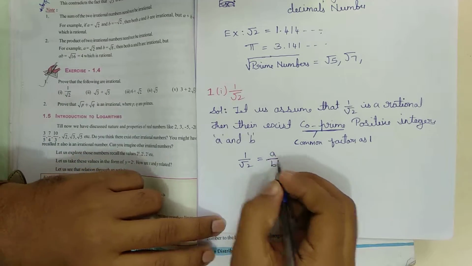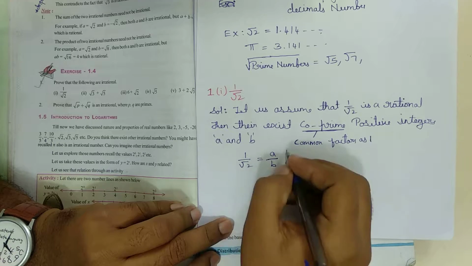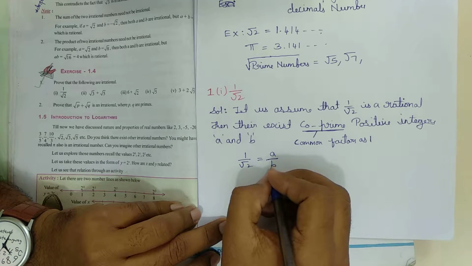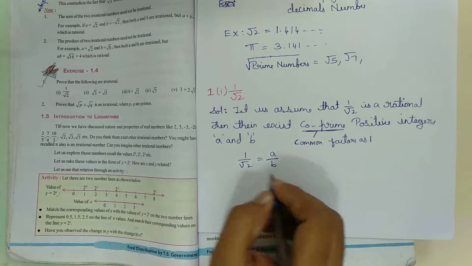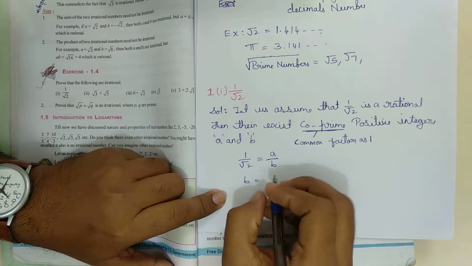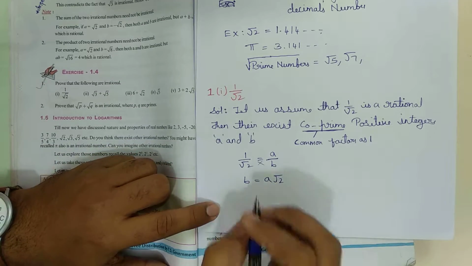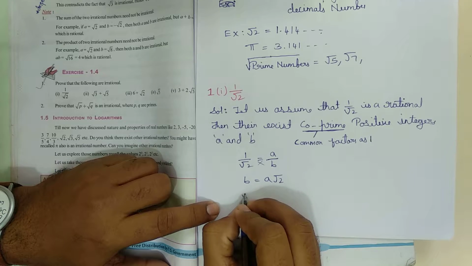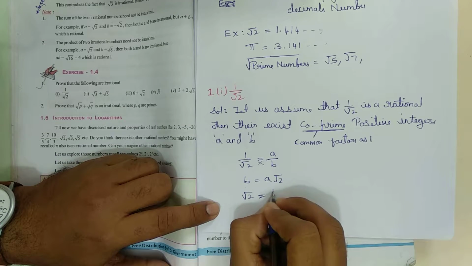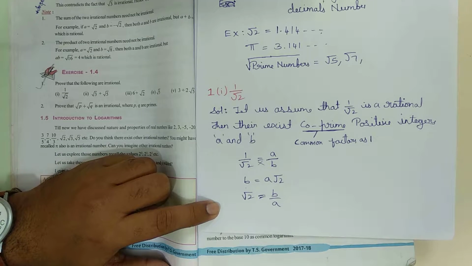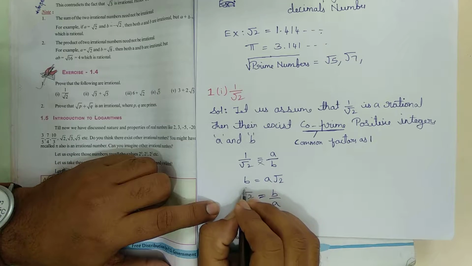Now we do cross multiplication: b will be here and a root 2 on the other side. Then I'll send this a to this side and keep root 2 here only, so it becomes b by a. Understood?